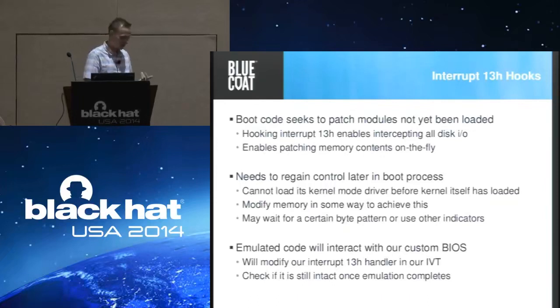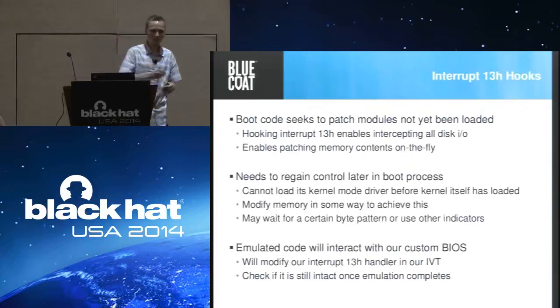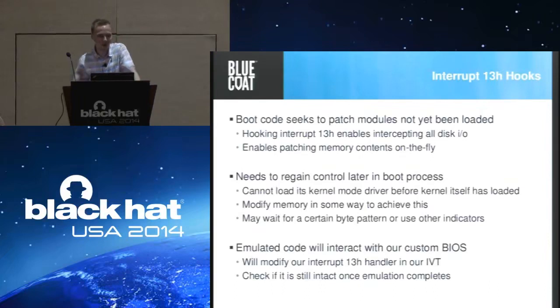And by hooking interrupt 13, whenever there is a disk operation from this point forward in the boot process, the rootkit's code will be called. This enables it to patch memory on the fly as it's being transferred from disk into memory. This is the way it will patch memory of modules that haven't been loaded yet.